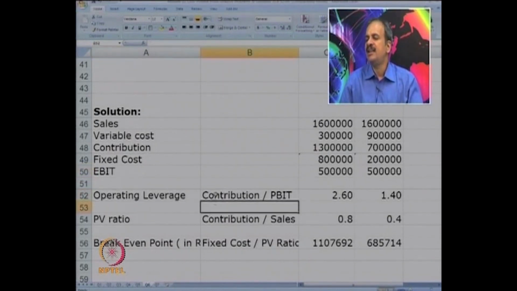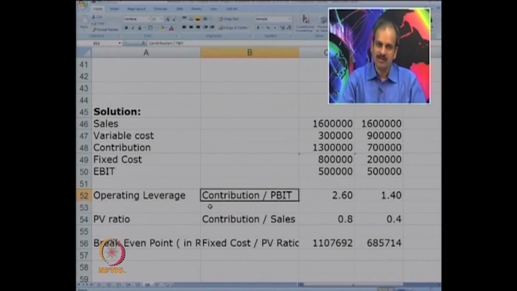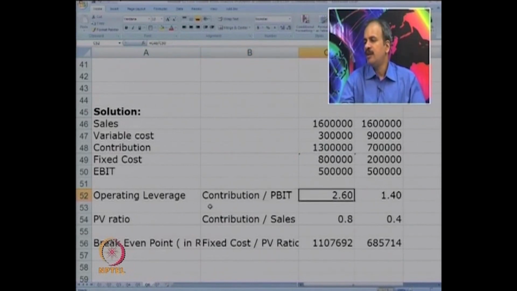Now, this operating leverage, note the formula we are doing for the first time, is contribution as a multiple of EBIT. So for a machine made system it is 2.60, for a man made system it is 1.40. What does it signify?